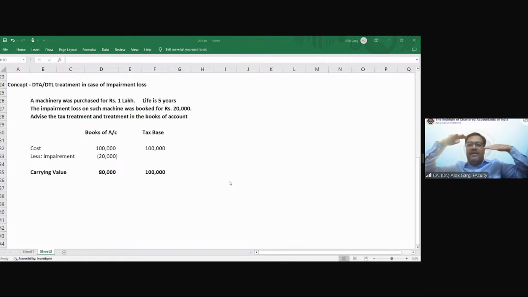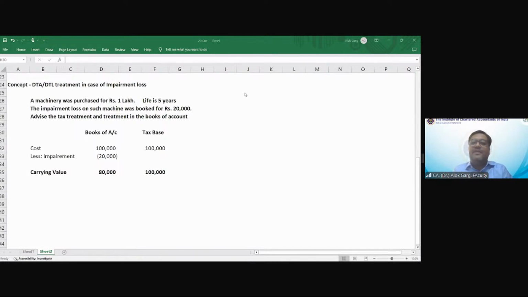So what will I have to do? I will have to increase the asset. If I have to align my books and tax, my asset is higher in tax books, my asset is lower in books. So what do I need to do to align tax and books? I need to increase my asset. What does it mean? I need to create an asset. I need to create a deferred tax asset. Okay.